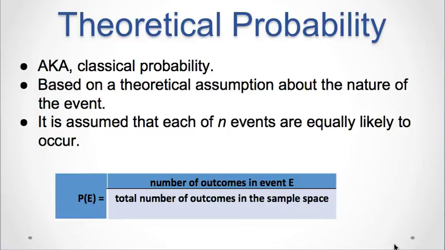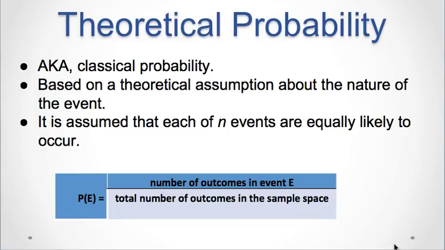A theoretical experiment is considered to have equally likely outcomes when each outcome has the same probability of occurring. For example, in throwing a fair die once, each of the 6 outcomes in the sample space, 1, 2, 3, 4, 5, 6, has an equal chance of occurring.